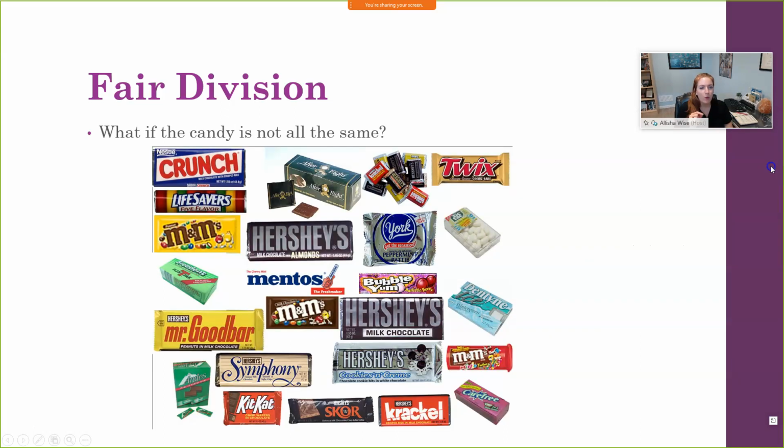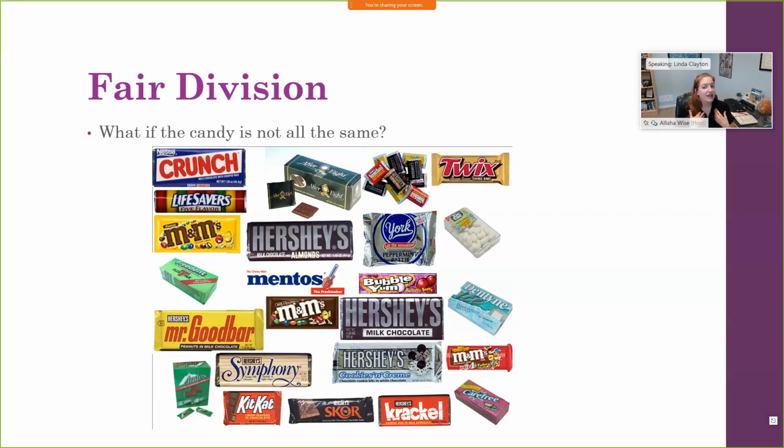But what if I show you the following picture? Oh, wow. Would it be fair to give each person like 5 pieces of candy and then everybody's going to be like, yay, I'm happy with that? Sometimes it's not the method because I may give them something that they really don't like. Right. Exactly. So not everything is equal in the eyes of everyone, right?